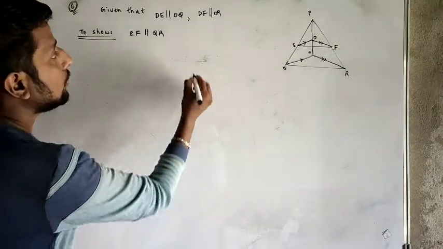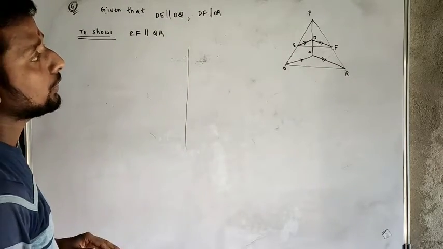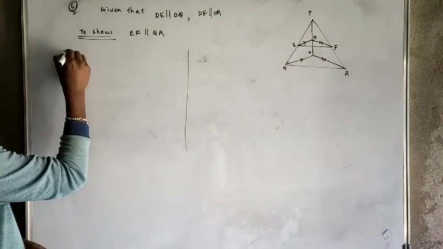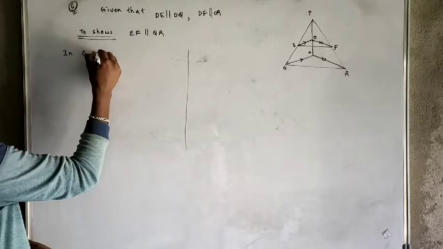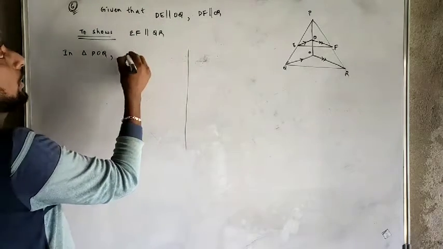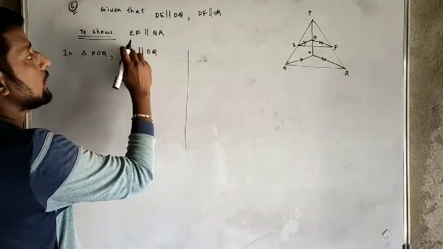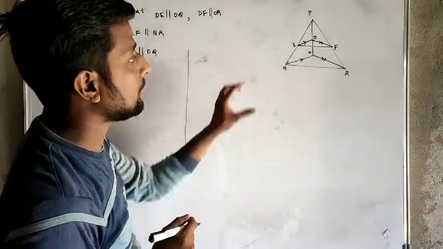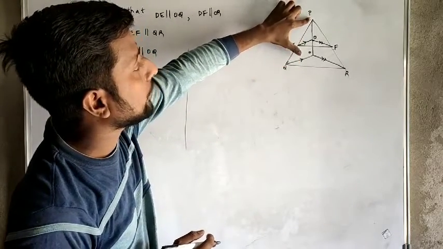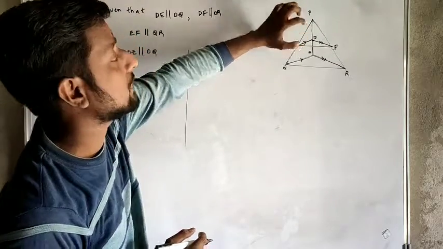Okay. So just to save the space, look at two triangles we can mention. One more POQ triangle. So here I'll write in triangle POQ, DE parallel to OQ. So as per basic proportionality theorem, look at P is a common point for these triangles, okay, for these two similar triangles.